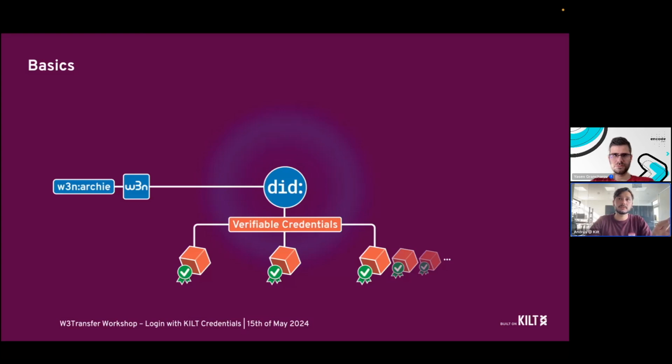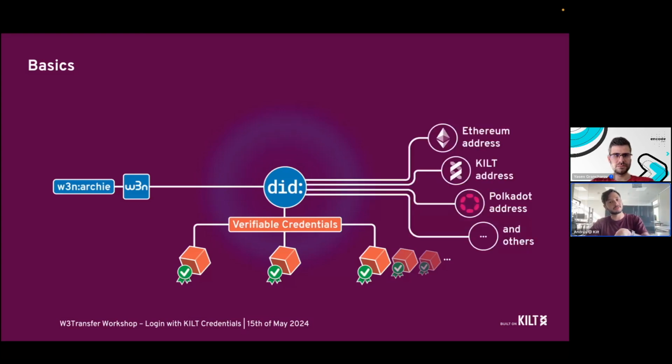And on top of that, you could also link accounts from KILT or from Ethereum or from Polkadot addresses or any, but as I said, you don't have to. So the identity is really decoupled from the account, much as your credit card and your ID card are different.